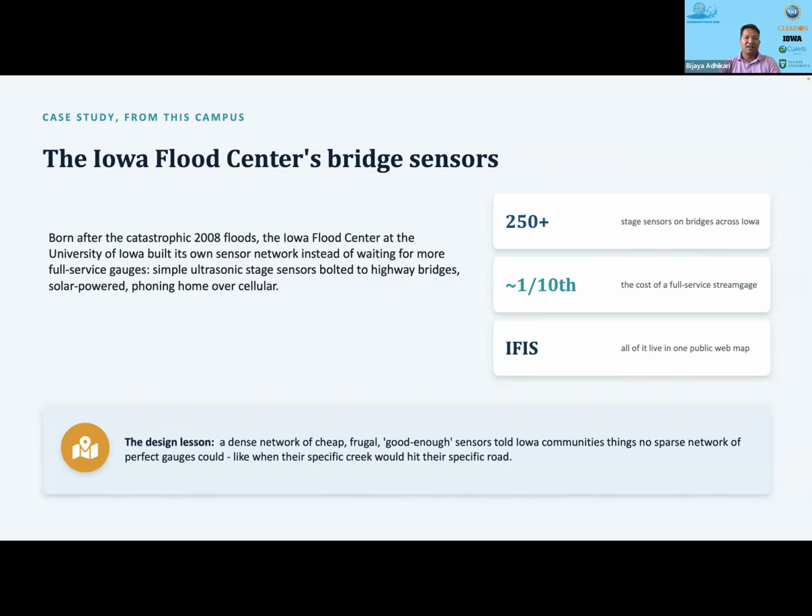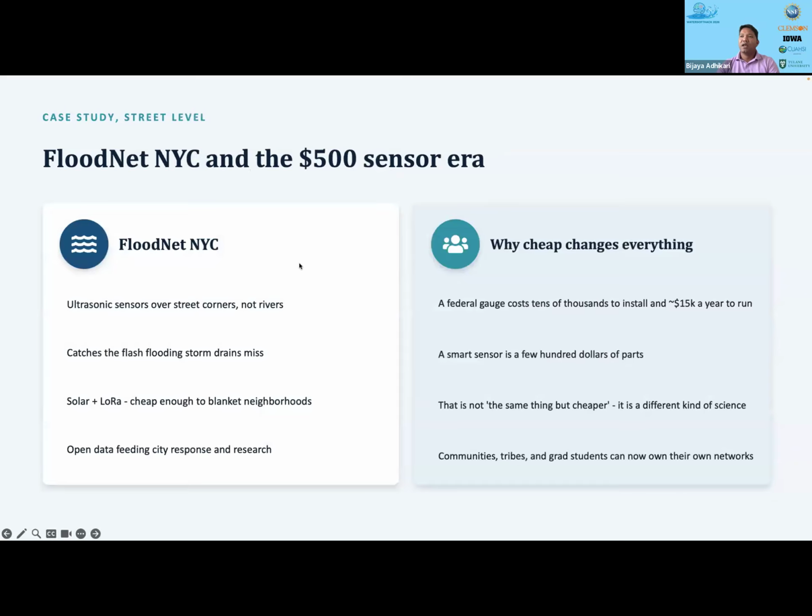Things go wrong, and for more expensive devices you need more skilled manpower and so on. So it's expensive to buy and expensive to maintain. But sometimes a denser network of good enough sensors is useful. This is what this case study is telling us.